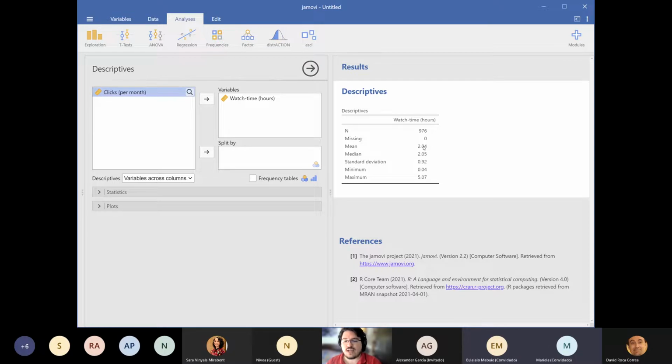Now, we don't know if this number is representative of the sample, because the mean, as I mentioned, is just a number that describes well normally distributed data, not necessarily data that is not normally distributed. If you remember, normal distribution is a distribution that has a bell shape.